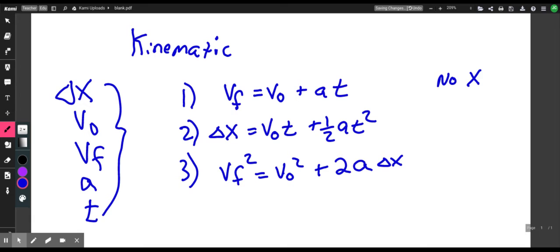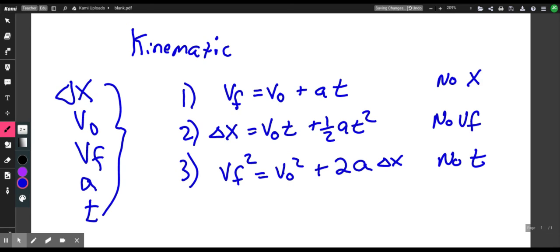In the second equation, there's no mention of final velocity. In the third equation, there's no mention of time. And so you can solve for the variables using the equations that have what you want and also have the ability to plug in 3 pieces of data to get the 4th.